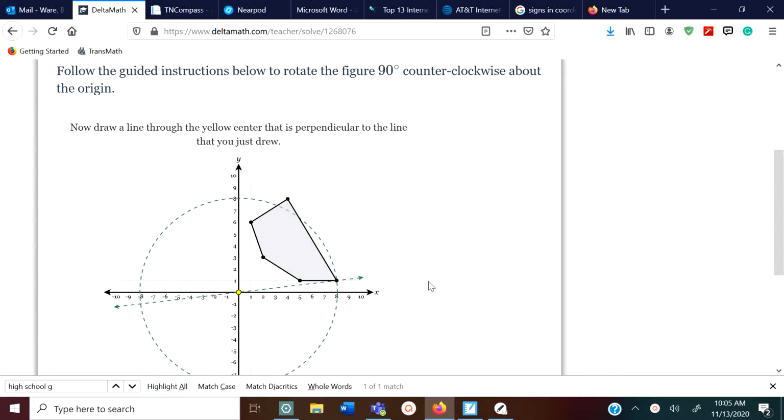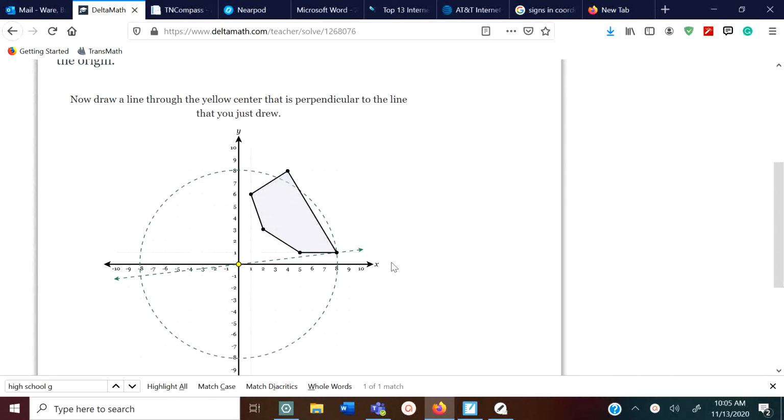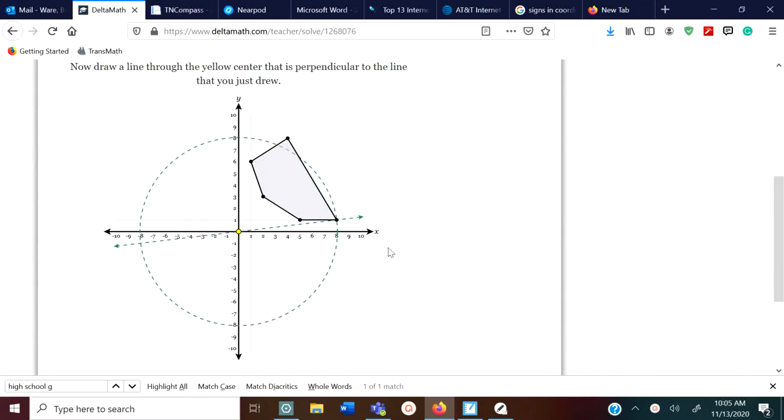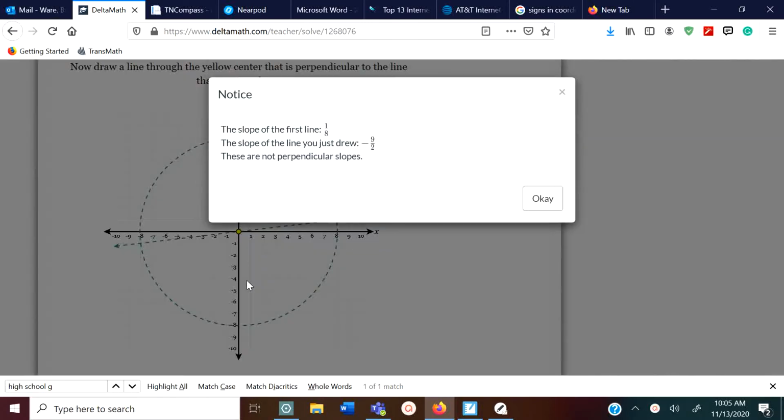Simple enough, right? Now we want to draw a line that's perpendicular. This might be the hardest part to do, but it's not that hard. You want to draw one that's perpendicular, which means it's going to make a 90-degree angle. So you attempt to do one, and boom, it's not right. That's okay.